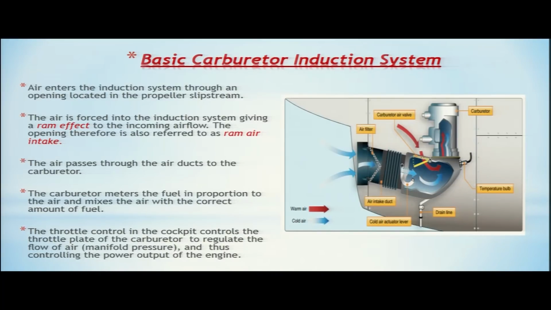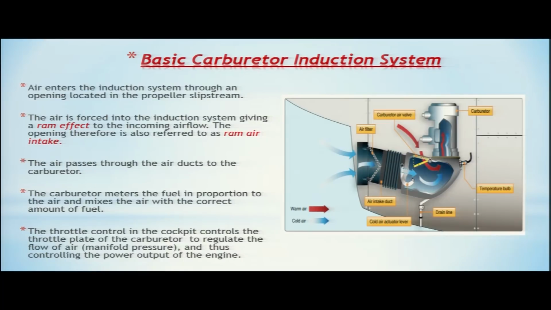So we have seen in this diagram the air coming inside through this opening. This is also called a ram air intake. The air is routed from here to the carburetor. Now it also has a valve, an alternate air valve or the carburetor heat valve.